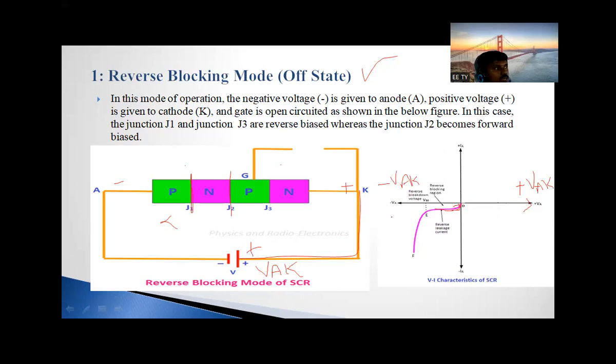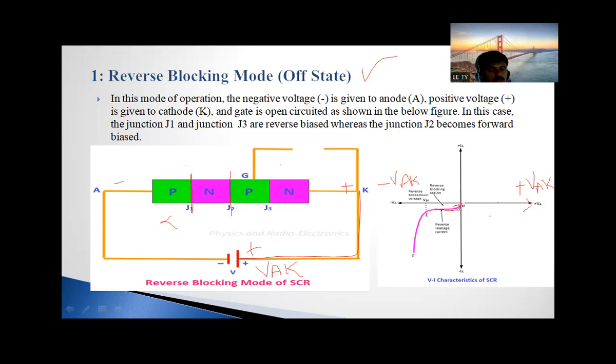So we have taken the voltage across the anode and cathode on the x-axis, and on the y-axis we have taken the anode current. Anode current means the current flowing through the device. Here we have applied the reverse voltage. In reverse voltage, no current is flowing.